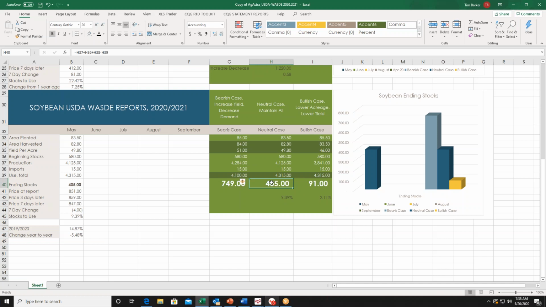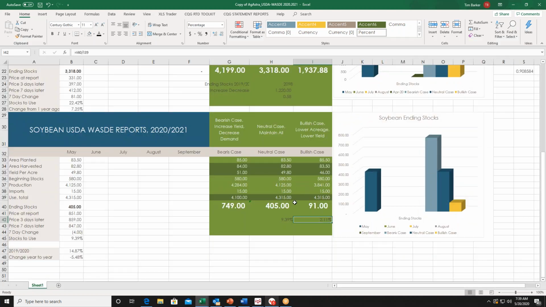If you look at a 405 million bushel carryout and a stocks to use of 9.39, then beans could be valued anywhere from 8 to 8.50, which is exactly where we're trading. So the downside risk in beans they view as limited, while the upside potential is much, much greater. So now you have your risk reward set up. So you're seeing the funds build this long position because of that dynamic.